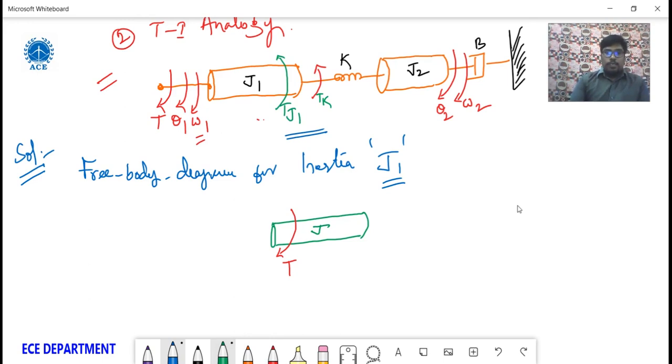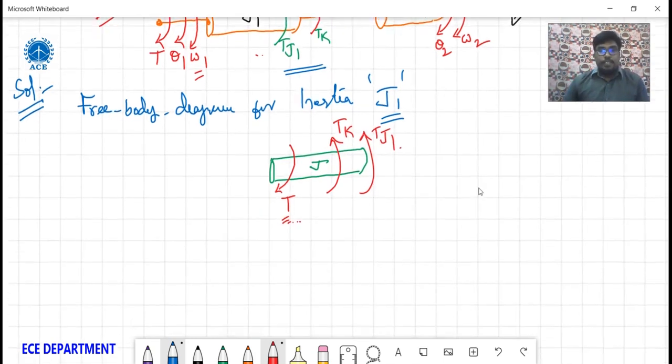Only two elements here, TK and TJ1, right? And the externally applied torque is this one, right?